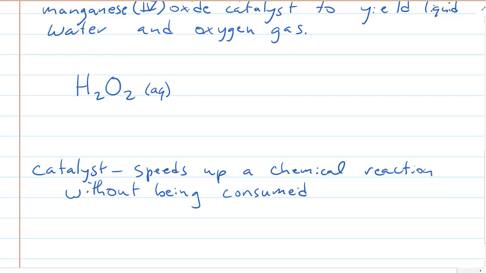Which means, of course, if I had dumped in 2 grams of manganese(IV) oxide at the beginning, how many grams should be in here right now? 2 grams. It should be exactly the same at the end as what I started with. And in a chemical equation, we write the catalyst above the arrow. It's neither reactant nor product.